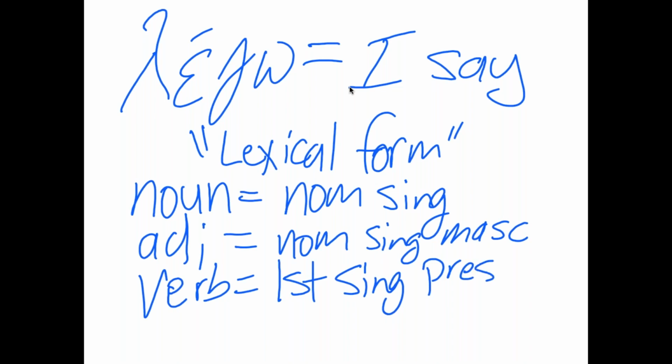Whenever we learn a verb, what we are going to learn is I and then the verb. It'll always start out with I and the verb. If you were to put on a test and forget the I, I wouldn't count off for it, but I want you to get in the habit of whenever you talk about the definition, it's I say, because if you have the verb by itself, that's technically a different form of the word other than the lexical form.